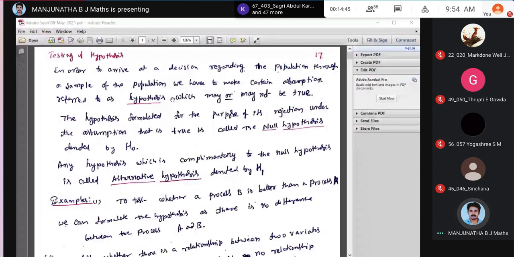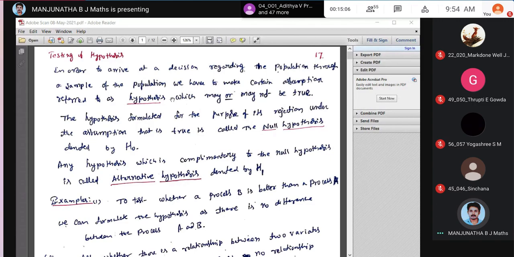The hypothesis formulated for the purpose of its rejection under the assumption that it is true is called the null hypothesis. That is denoted by H naught.